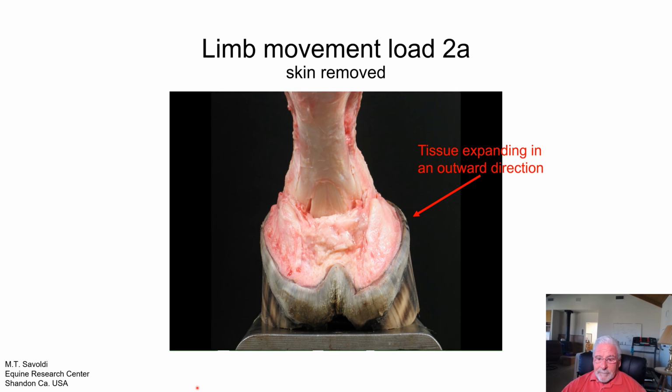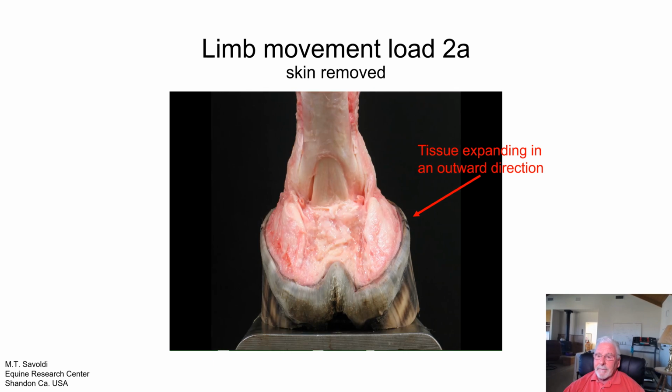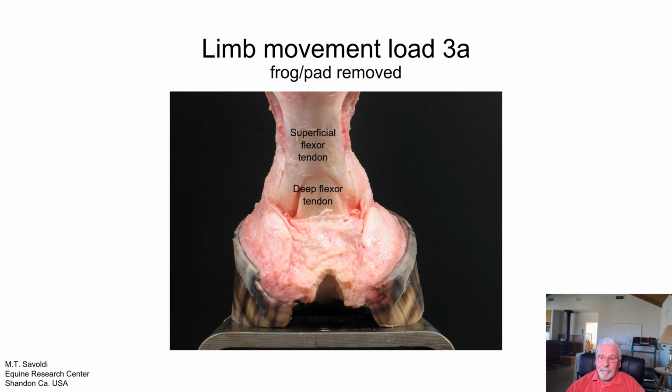So what I'm going to do next is remove the frog pad. You notice that this horse does not have a frog anymore. It's gone. We have our superficial flexor tendon that comes down and bifurcates or divides and attaches to this area of the P2 bone right here and here. So that puts a different movement to the foot.